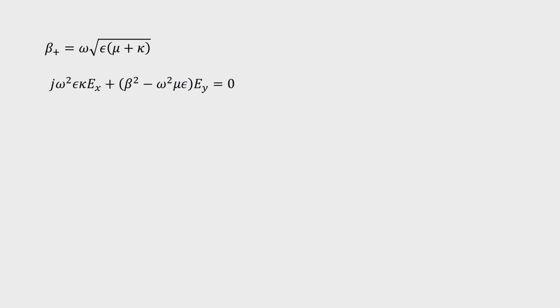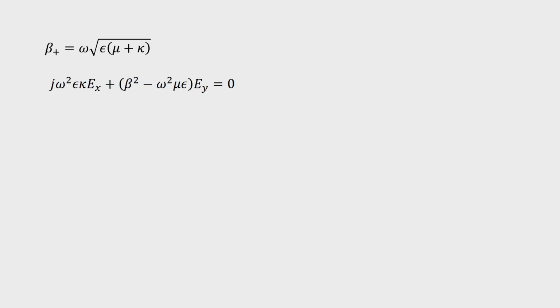So, we find that when a plane wave propagates in a biased ferrite media and the bias is applied along the direction of propagation, we get two values of propagation constants which are denoted by beta plus and beta minus. Let us now consider the field corresponding to beta plus.